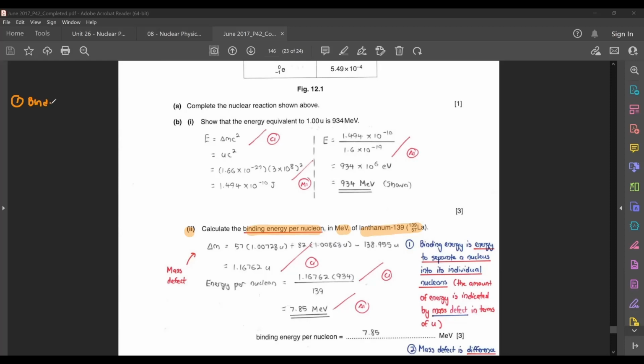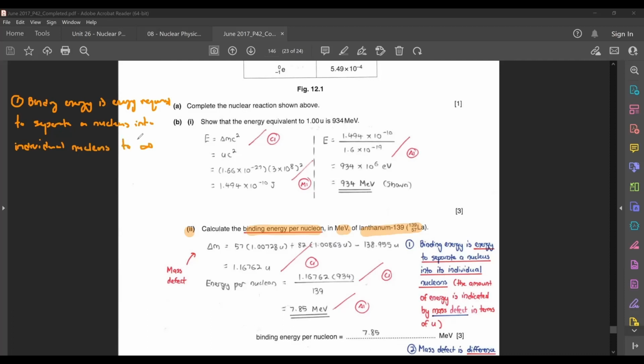In general, if you're talking about binding energy, it is the energy required to separate a nucleus into individual nucleons to infinity.